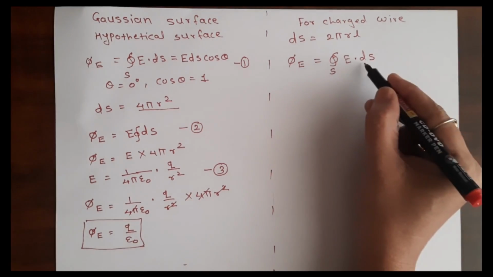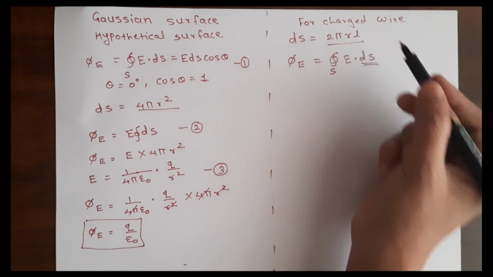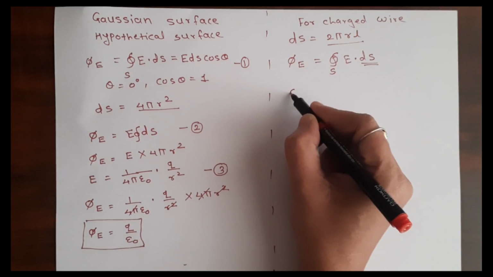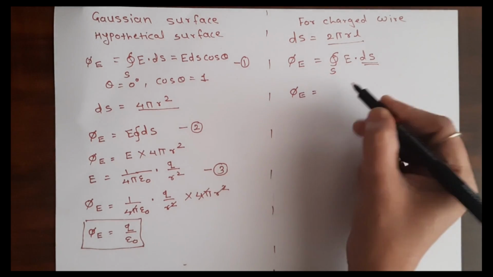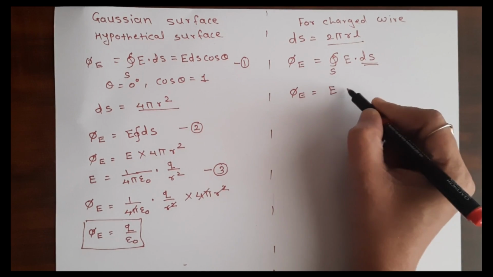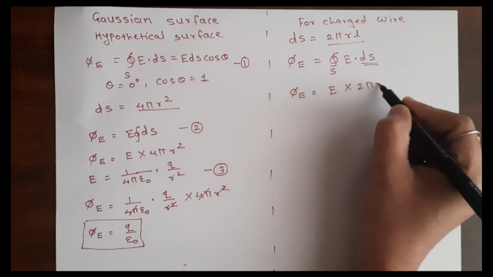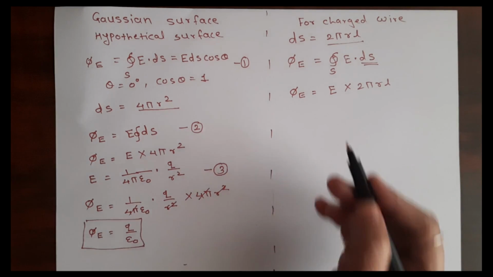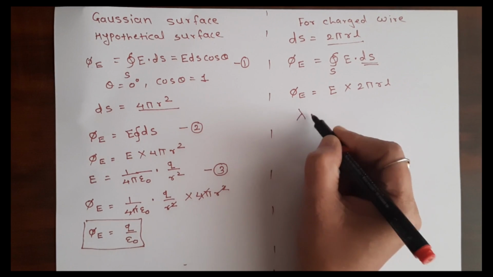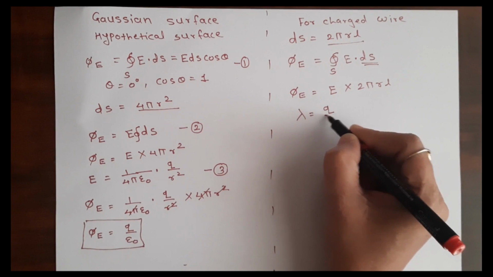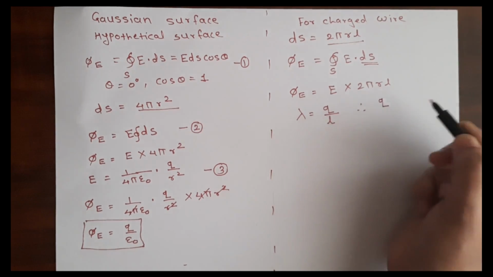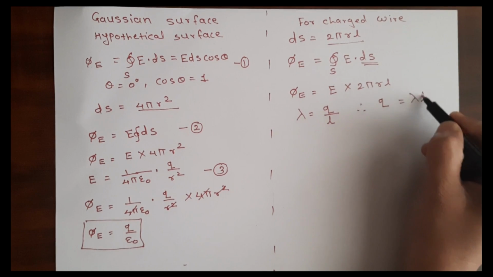Now due to the cylinder, this ds becomes 2 pi rL. By putting the value we get electric flux phi E is equal to E into 2 pi rL. But this L is in terms of the charge density. Therefore the linear charge density is given by lambda equal to Q upon L. Therefore we can put value of Q as lambda L.